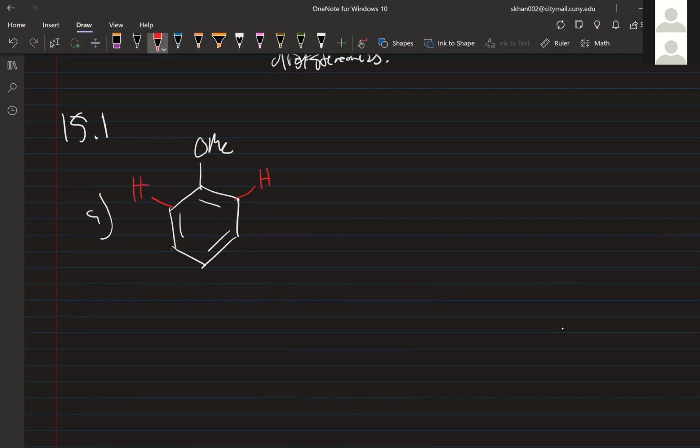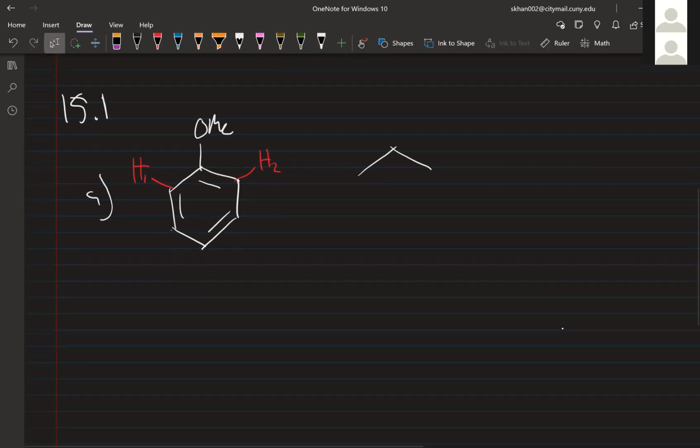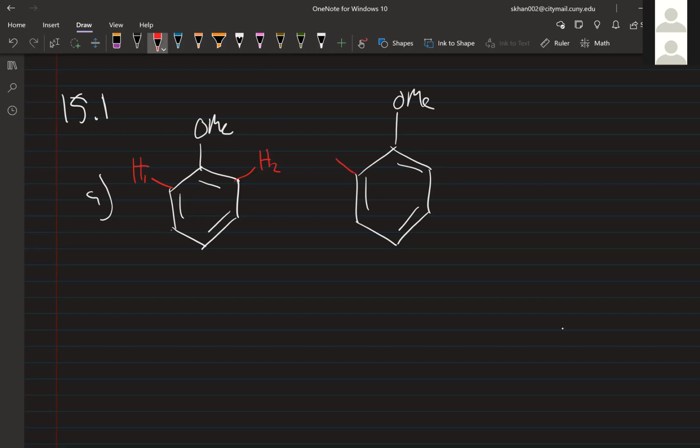So one way to always surefire check this is just to do a replacement test. So let's call this H1, we'll call this H2. So if we replace H1 with D, like deuterium, we'll say this is D1, and the other one was just H, so I'm not even going to show that.